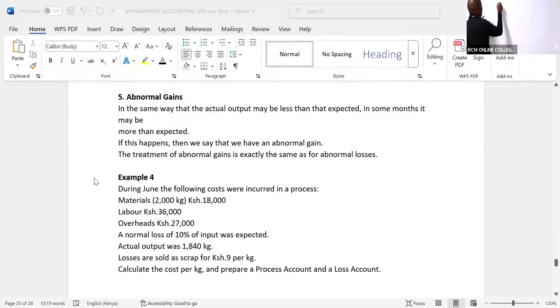So we have a process account, with columns for description, units, cost per unit, and value.